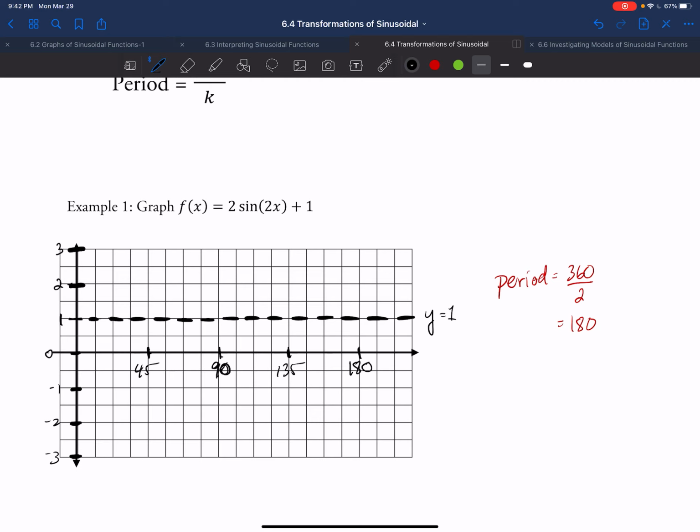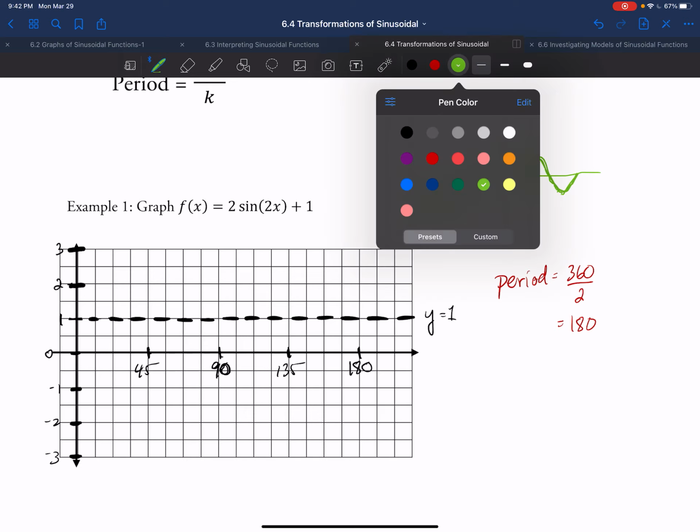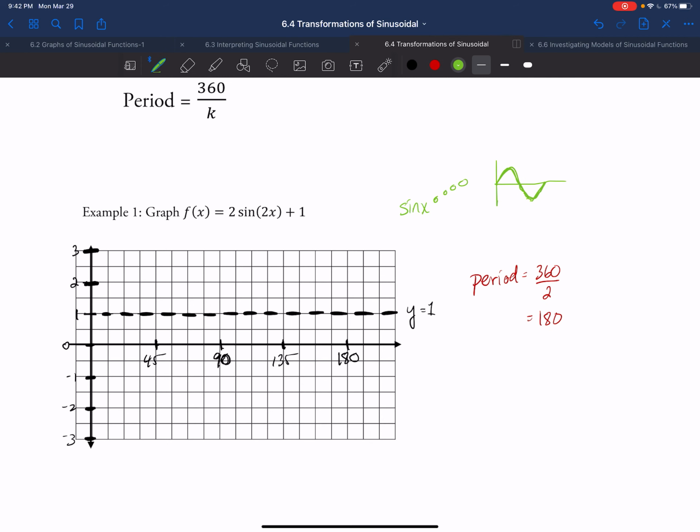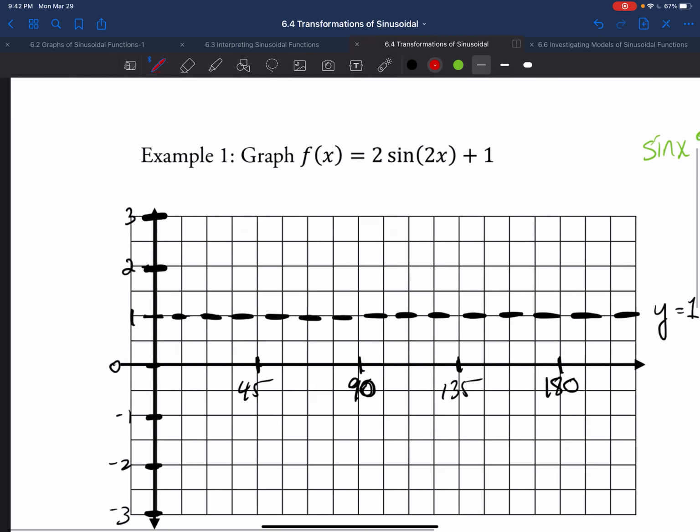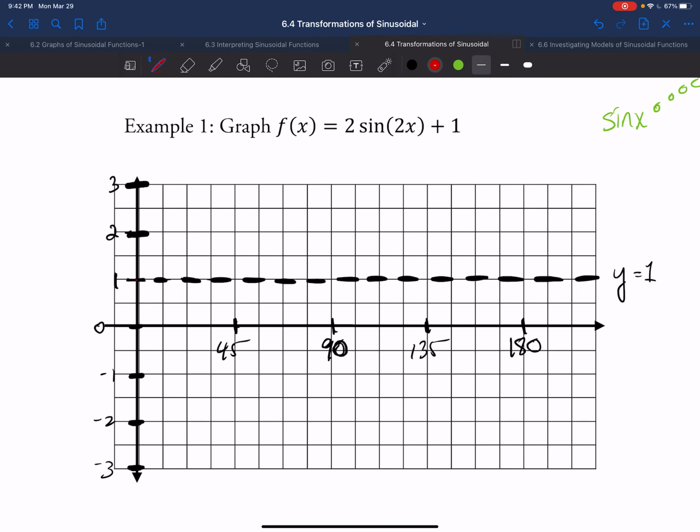Now, I have to remember what sine looks like. Sine x looks like this. It starts at the equation of axis, goes up to the maximum point and back down again. So because I remember that, I'm going to start at the equation of axis.